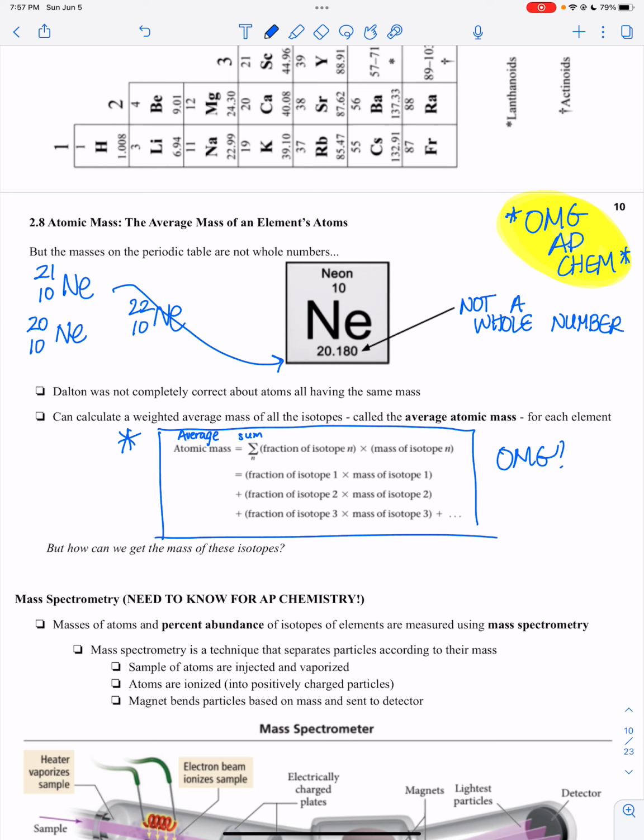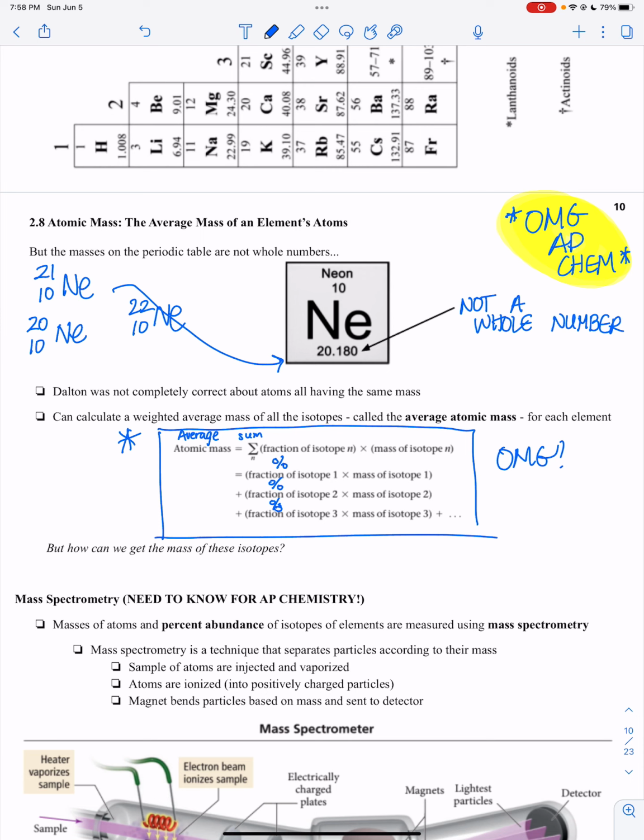So, for example, it'll be the fraction or percentage of isotope 1 times the mass of isotope 1, plus the percentage or fraction of isotope 2 times the mass of isotope 2, plus the percentage or fraction, because we know that we could turn percentages into fractions, times the mass of isotope 3. If I take all these multiplications and then I add them together, that will be the average atomic mass.